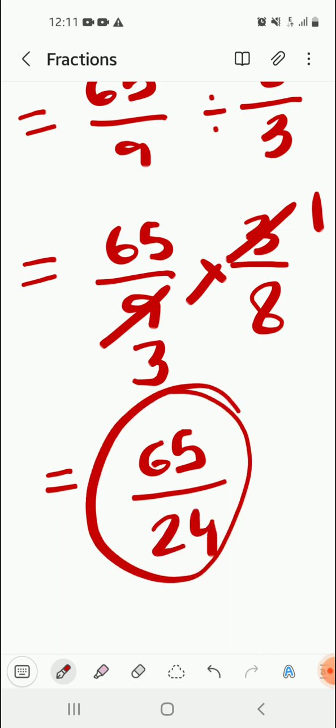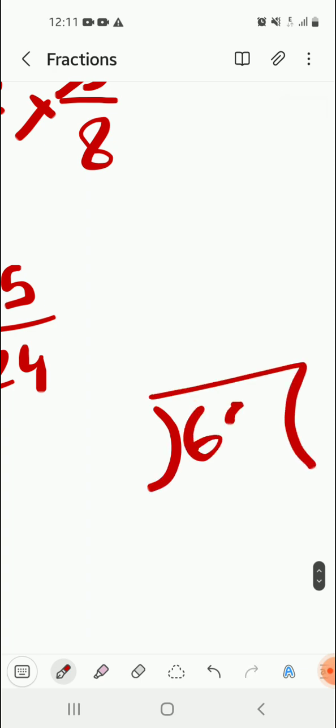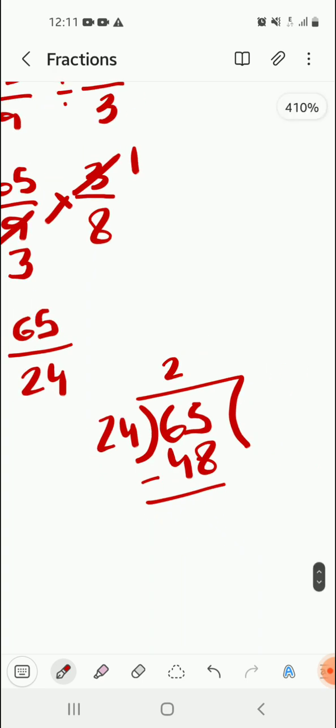Since this fraction is an improper fraction, convert it into a mixed fraction. Always remember to follow the final step. So 65 divided by 24. Over here we will use 24 into 2, 48. 65 minus 48, 17.